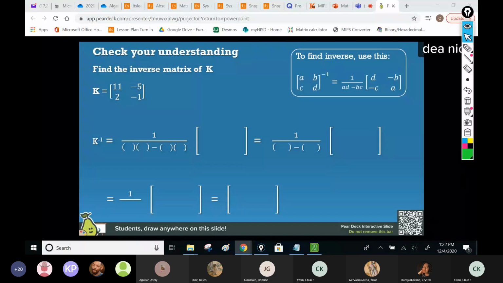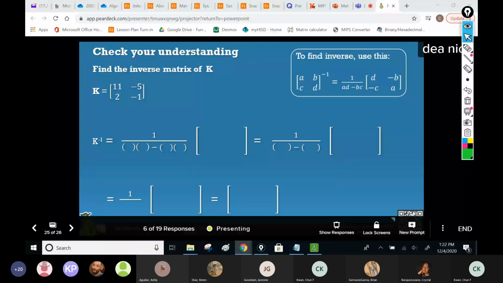All right, I see most of you are plugging in numbers right now. That's good. Be careful on the matrix because the order is now scrambled. I already see someone forgot about the negative on the matrix.